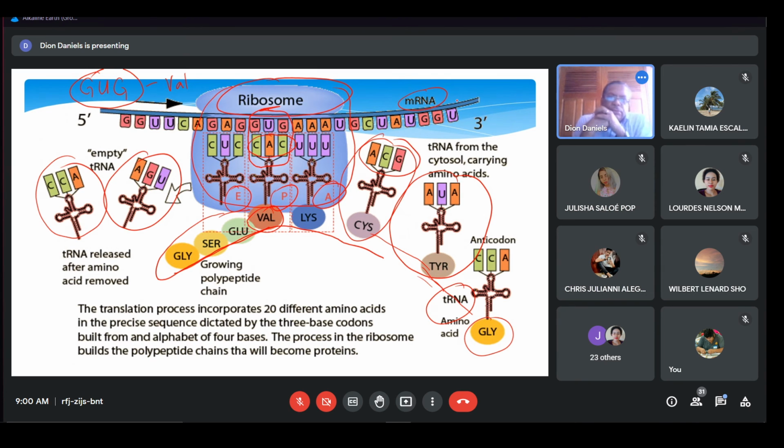Questions? I have a couple of videos that I will show you, hopefully so you better understand translation and what this diagram is depicting, of these transfer RNA bringing the amino acids and building that polypeptide chain. So I'll show you guys two videos.